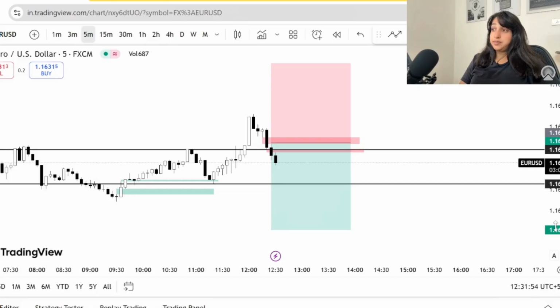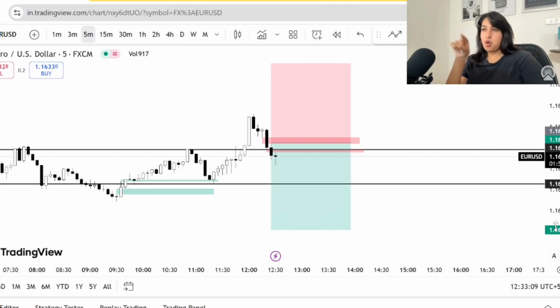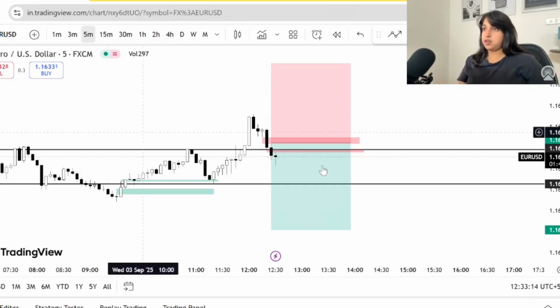It's been 12:30, and within 1 hour we take the setup. After 12:30, that is the setup that I am going to put on my Instagram story. If this small fair value gap is formed, we're going to shift our entry like that.